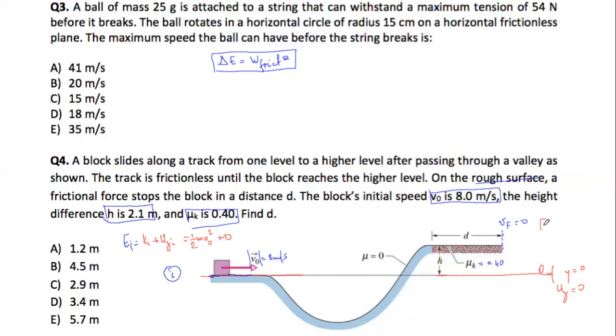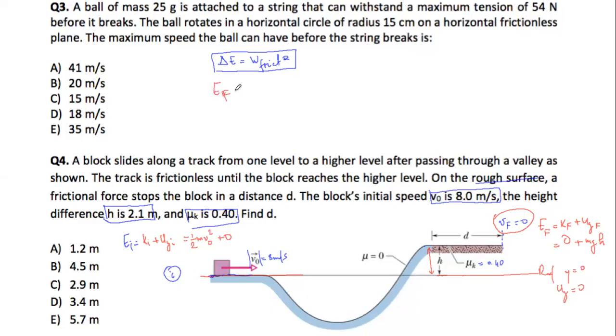What is my mechanical energy final? E final is kinetic energy final plus UG final. What is kinetic energy final? I will stop, so speed is 0 and K final is 0. What is UG final? I'm at this height h, so it's plus mgh above my reference.